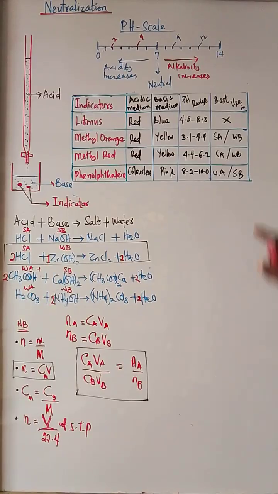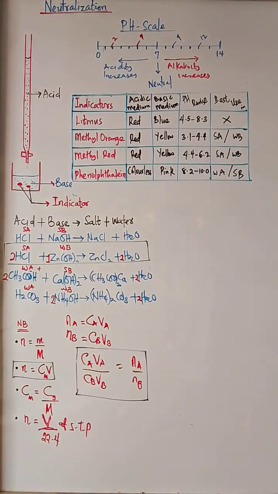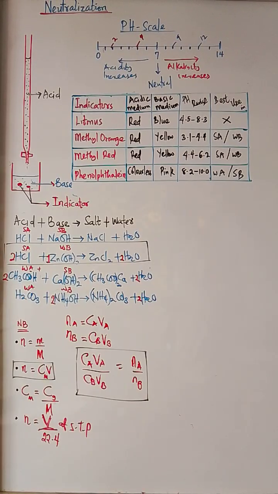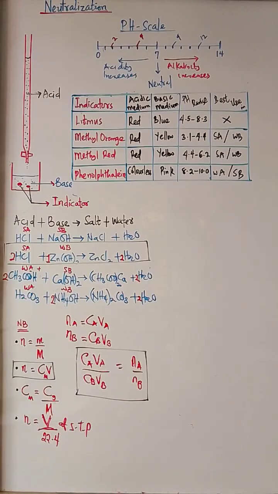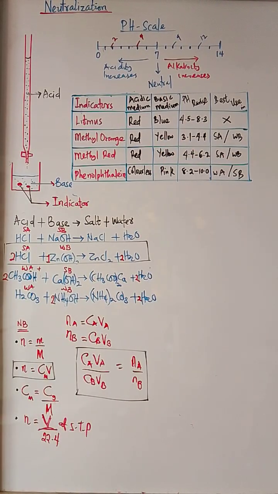Now note, for litmus paper, the main reason they are not used as indicator is because they change gradually from red to purple, then to blue. They have no sharp color, meaning they are not suitable for endpoint detection. But for the remaining three, they have.